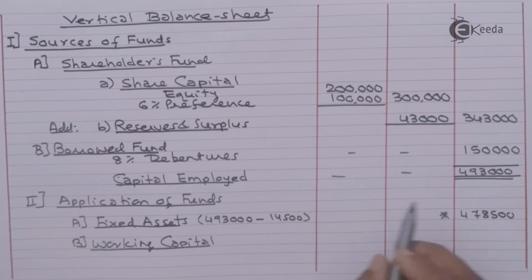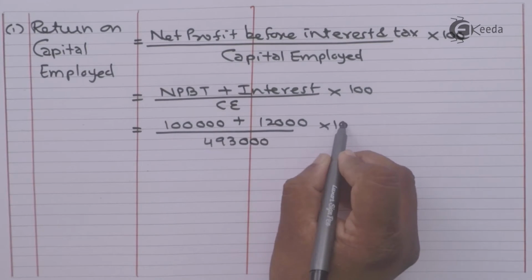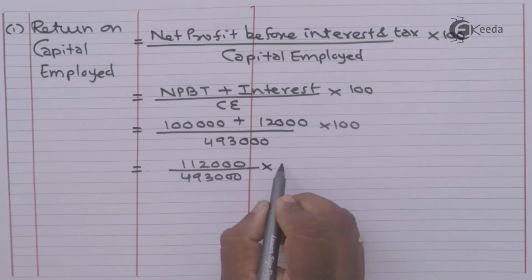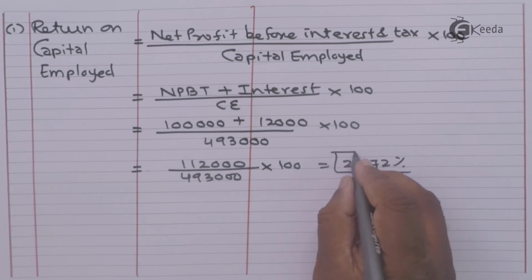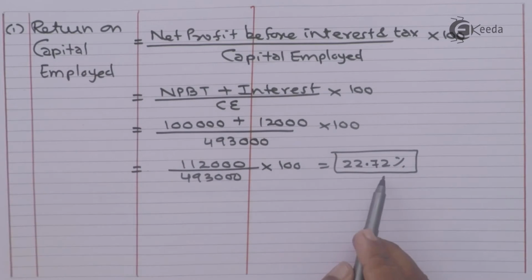Total capital employed here is 4,93,000. So it is 22.72% return on capital employed.